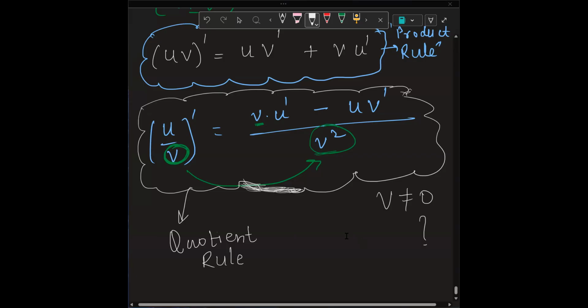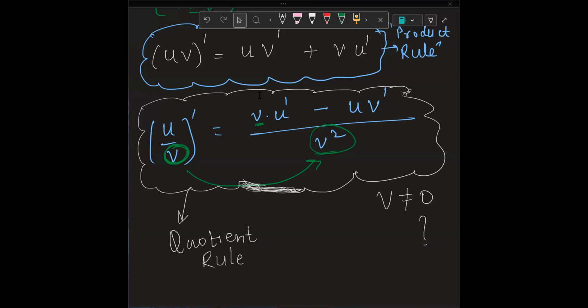See, whenever there are such constraints, that v is not equal to 0, you always have to look at the function. You have to see that if I put v as 0, is there any mathematical thing that is violated, that becomes not defined. So whenever you are given such a condition that this is not equal to 0, then you always have to check your denominator, whether your denominator is getting 0 for that or something else. Here the only reason v is not equal to 0 is that your denominator has v square, and that will be 0 if you put v equal to 0. So that is a not defined quantity.